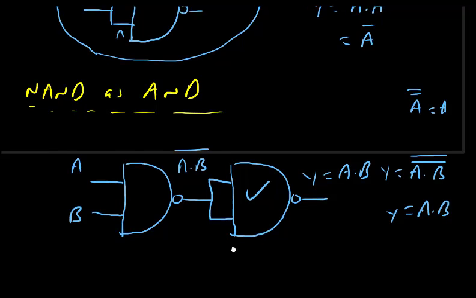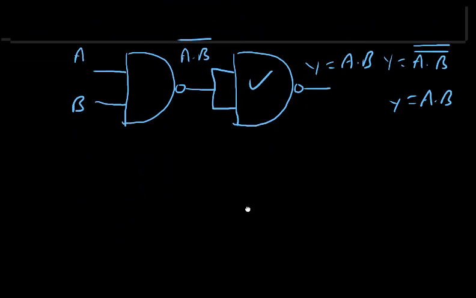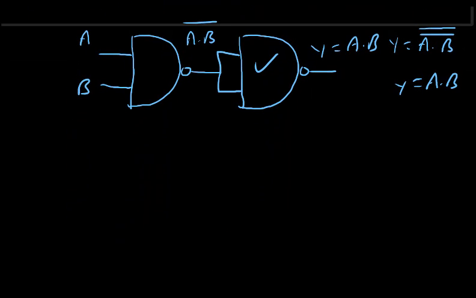Now let us see how NAND works as an OR gate. For NAND as OR, we use 3 gates.